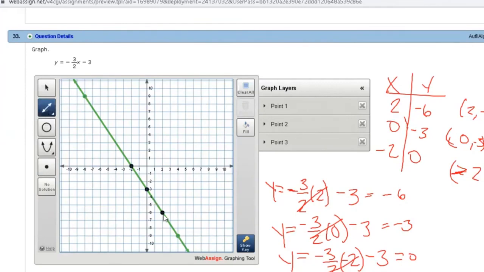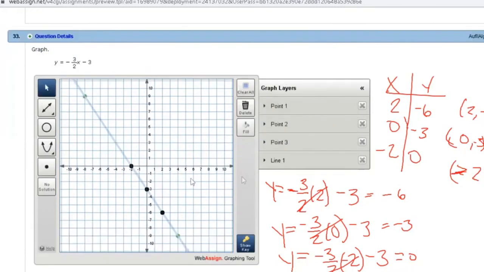And then all we have to do is click on 2 of the points, and it's going to draw a line for us. So that is how we graph in WebAssign, okay? And that's it. This is the 3-point method, the picking 3 x's, the making a chart, all the different names y'all got for it, as long as y'all know how to do it, okay?